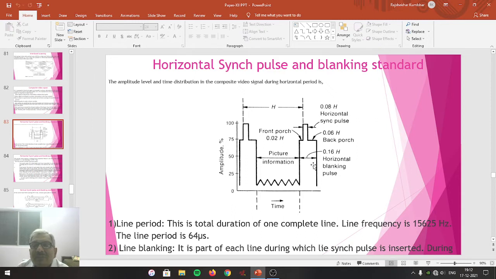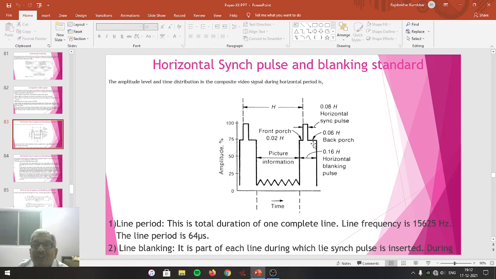The blanking pulse, during which the retrace takes place, is divided into three parts. One is the front porch, second is the sync pulse, third is the back porch. The front porch has a period of 0.02 times the horizontal line period, whereas the total blanking pulse is 12 microseconds. The sync pulse has a width of 0.08 times the horizontal line.